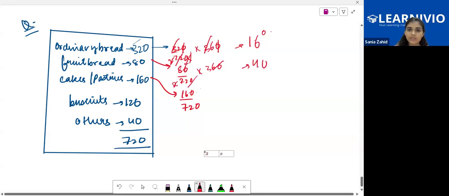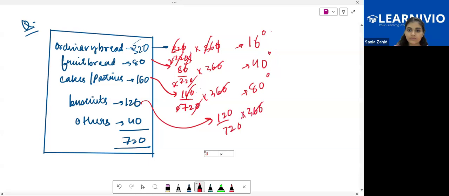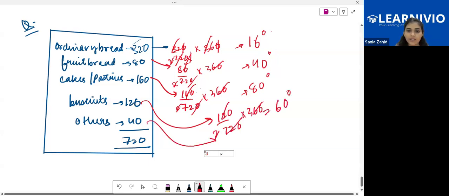You'll get 40. You'll get 80. You'll get 60 degree. And finally, for the last one, you'll get 20 degree. Okay, now you have all the variations with you.